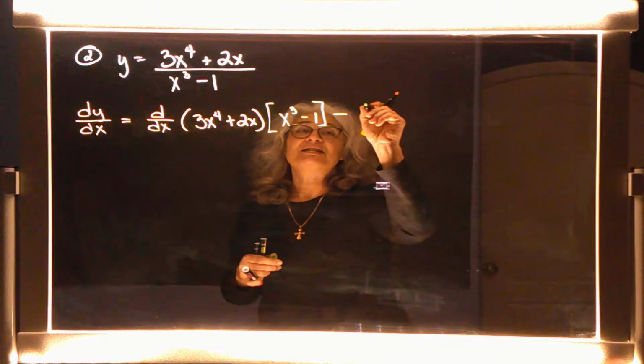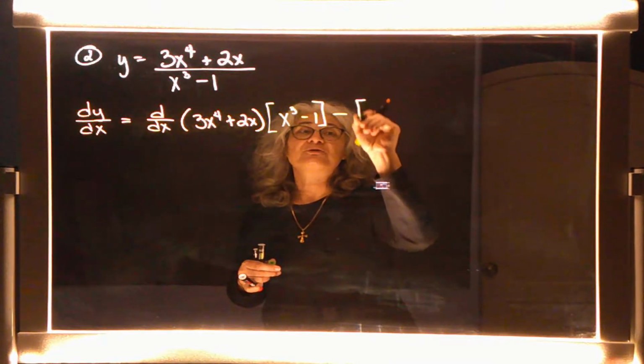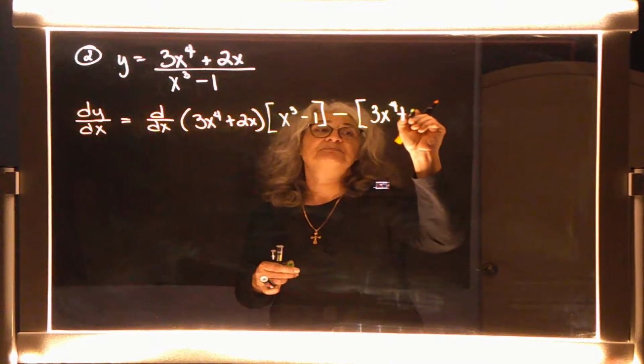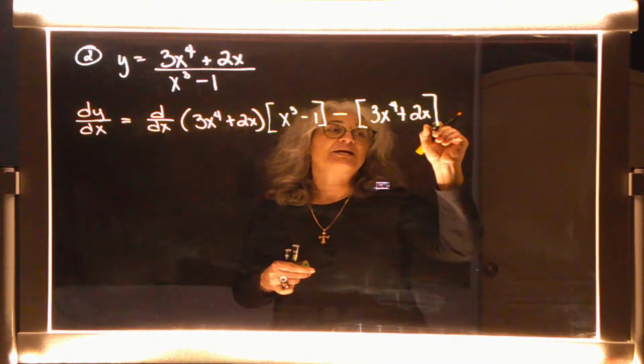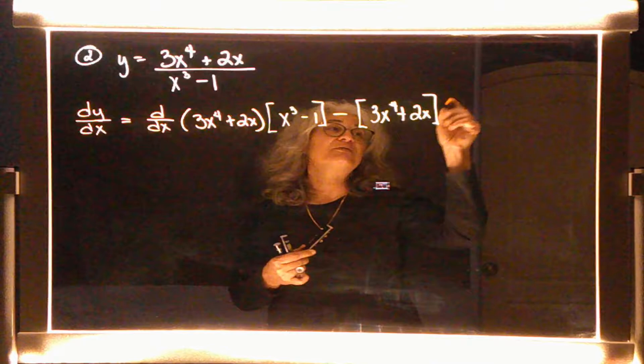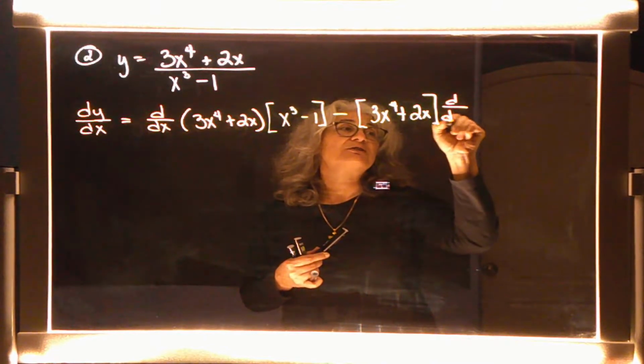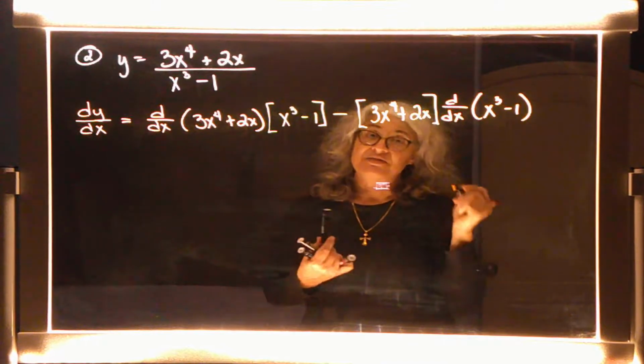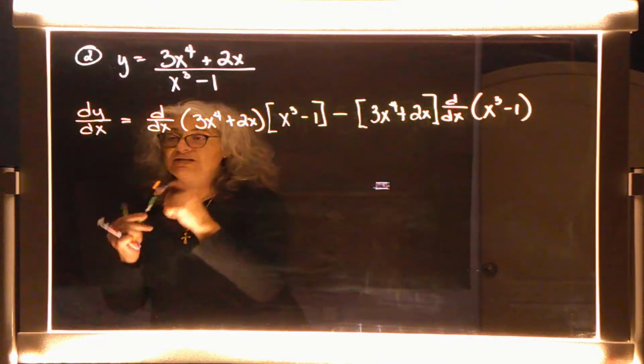And then I take the numerator, or the first one, right? I don't do anything with it. And I multiply it by the derivative of the second one, which is our denominator. And then here's another major change.